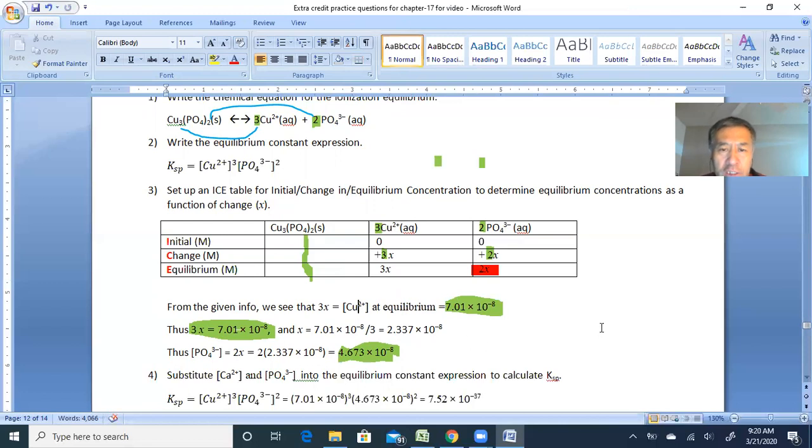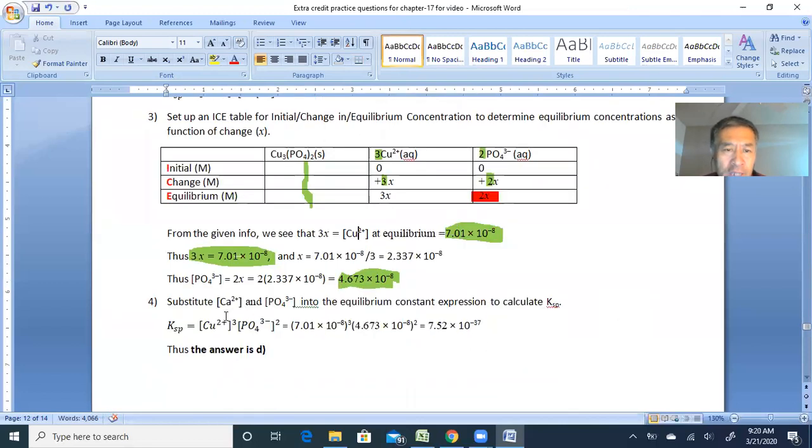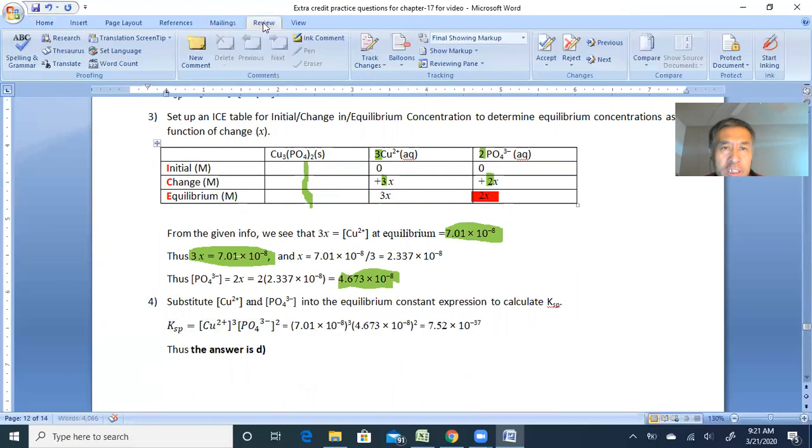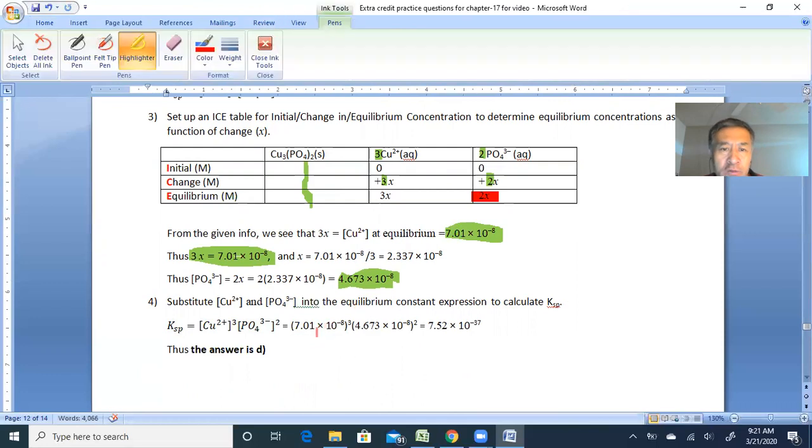Next, you just plug these two numbers into the equation for the Ksp. So you will use 7.01 times 10 to the negative 8 for the Cu2+ ion raised to the power 3, times 4.673 times 10 to the negative 8 squared. Then you get this Ksp. So the answer is D.